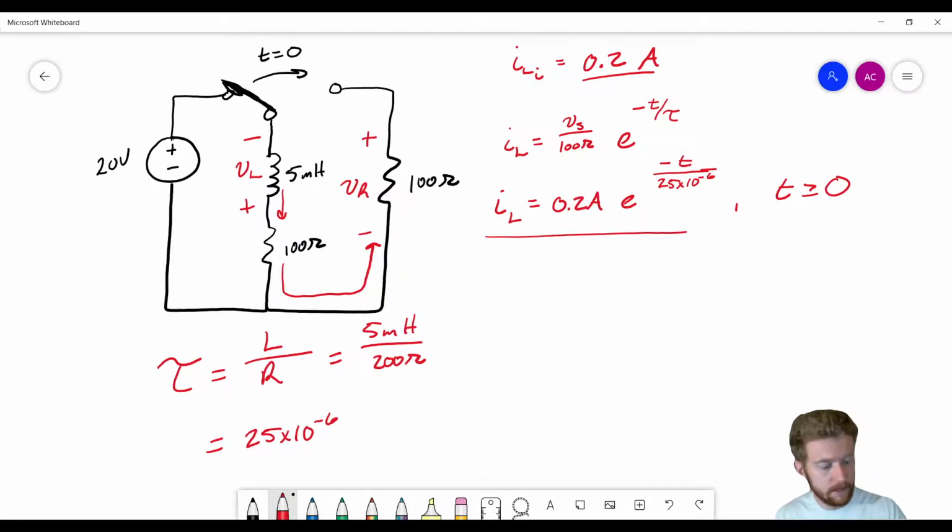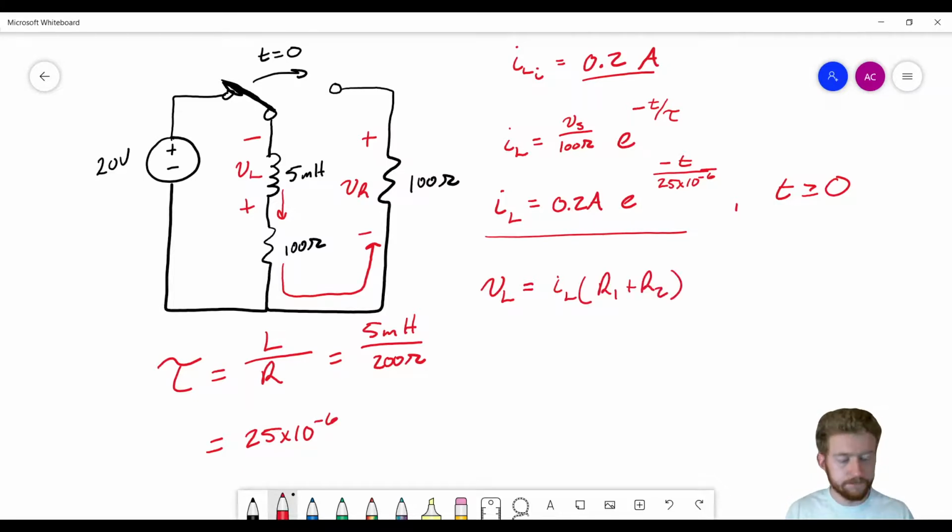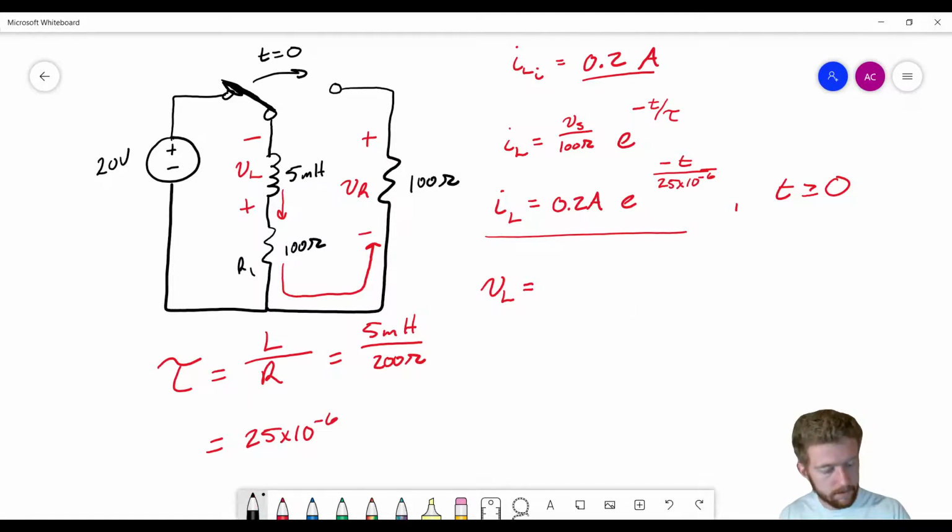So we're going to say voltage across this inductor is going to be equal to the current through the inductor, because that's the current through these resistors, times R1 plus R2. Okay. Now, the reason we're doing this is because, let me rewrite this a little bit. Let me call this one R1 and this other one R2, just to make sure we're making sense of this.